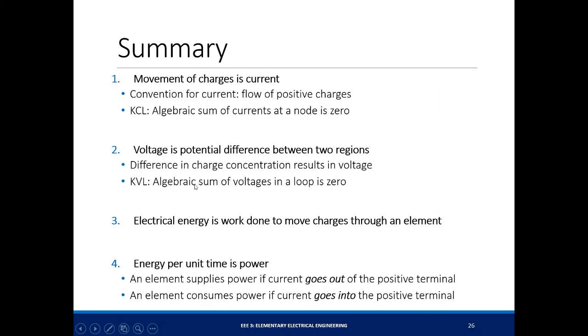That's your Kirchhoff's voltage law. Electrical energy is work done to move charges through an element. And finally, energy per unit time is power, and depending on the path of the current, it supplies power or consumes power.